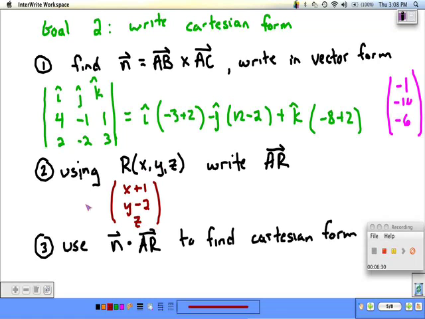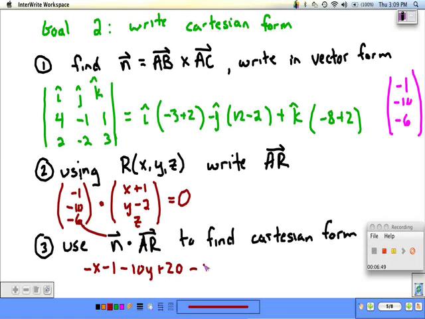Now we want to take the dot product of that with the normal. And we know that this is equal to 0 because they are perpendicular. We end up with -x - 1 - 10y + 20 - 6z = 0. Or rearranged, our Cartesian equation becomes x + 10y + 6z = 19.